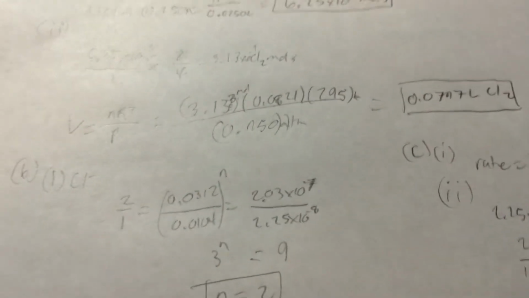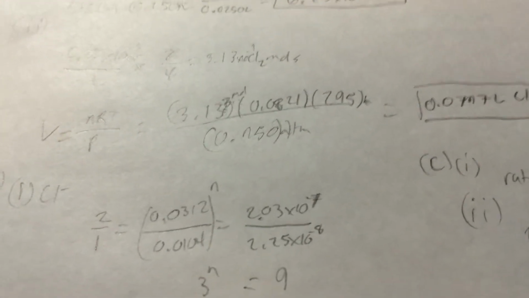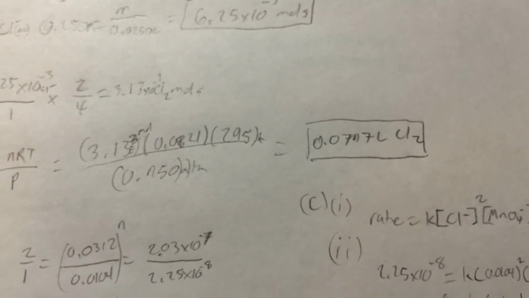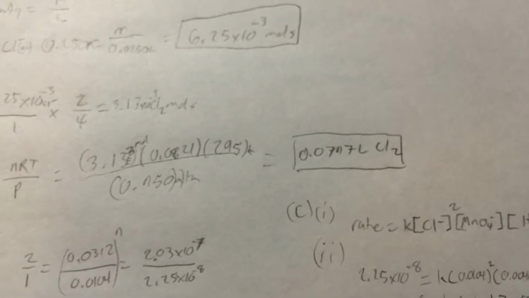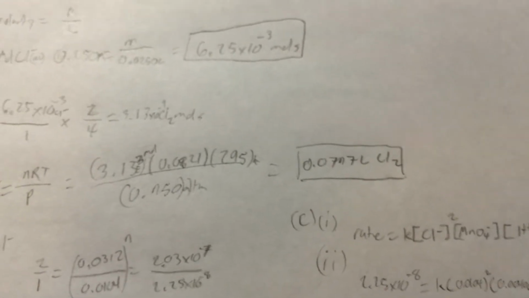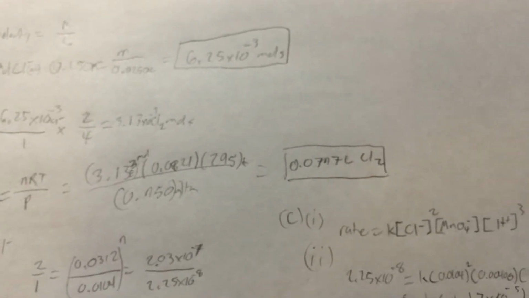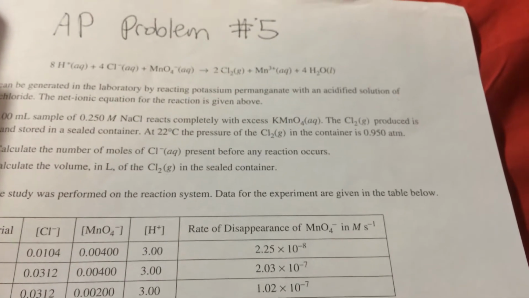So now we use the formula of volume is equal to number of moles times the constant times the temperature over pressure. So when we plug in all the information, we have the number of moles of Cl2 gas, which is 3.13 times 10 to the negative third mole, times the constant, which is 0.0821 because we're using Kelvin. And actually in the problem they give us Celsius, but I like to work with Kelvin, so we transfer it over.